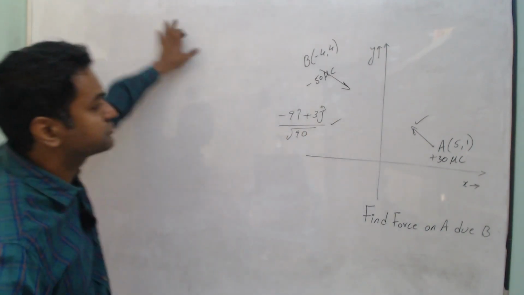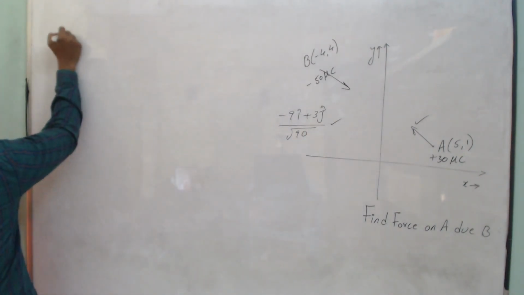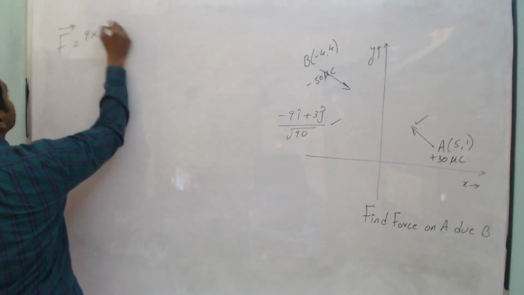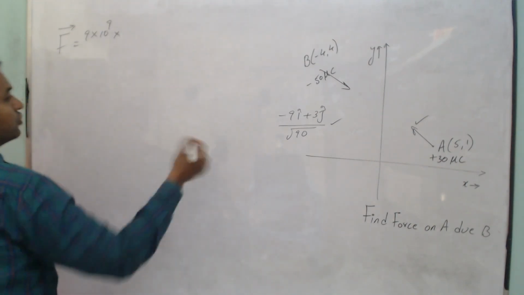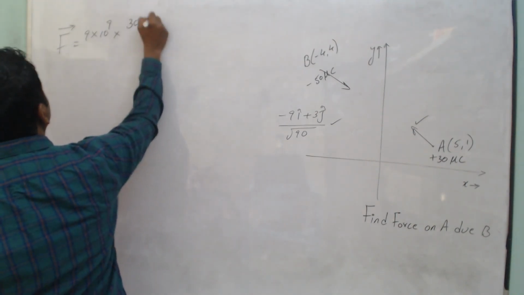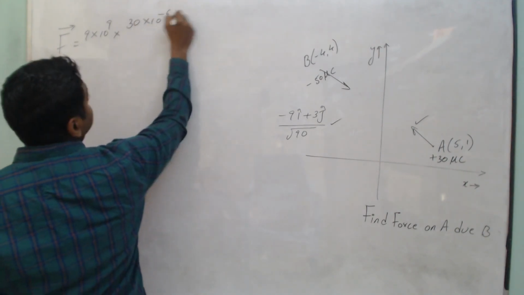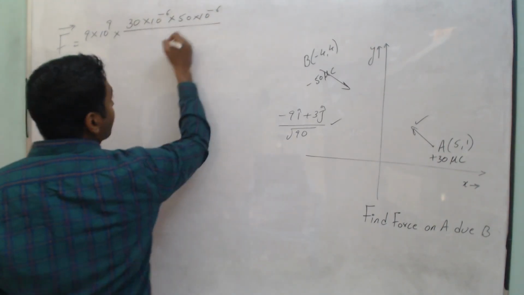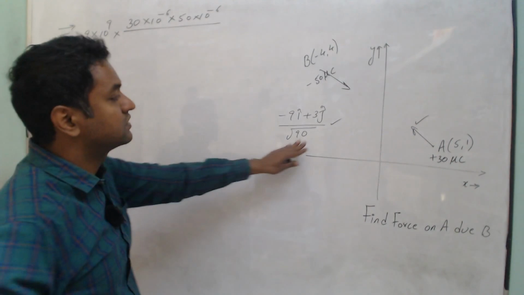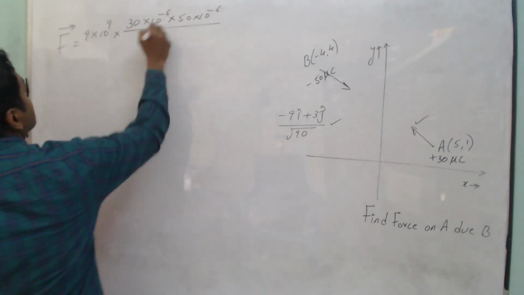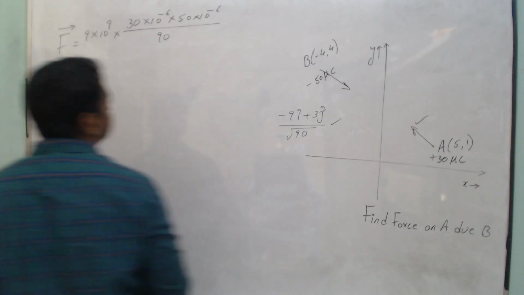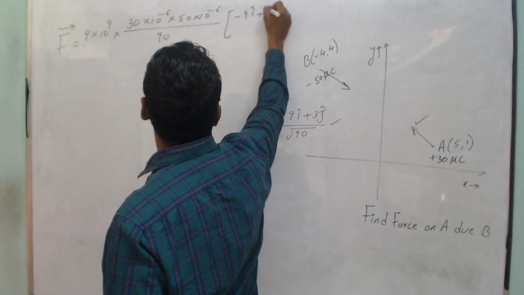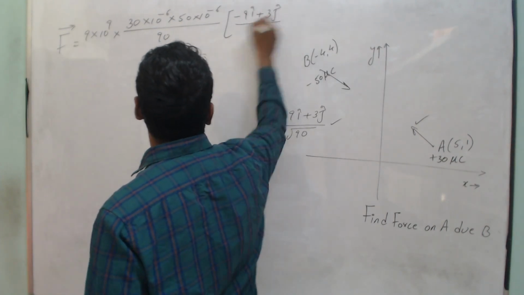We will directly substitute the unit vector here. So I am directly writing the force vector form: 9 into 10 to the power 9 into Q1, 30 microcoulomb, Q2, 50 microcoulomb, divided by the distance between them, root 90, square is 90, correct? Into the unit vector, -9 I cap plus 3 j cap divided by root 90.